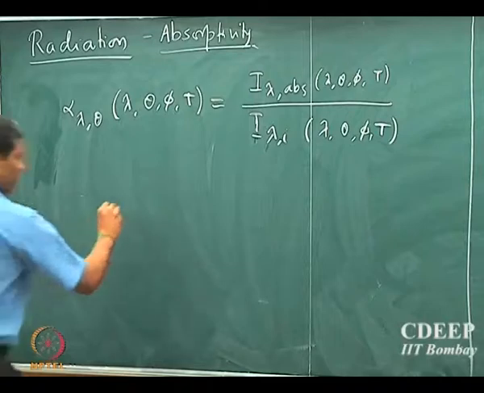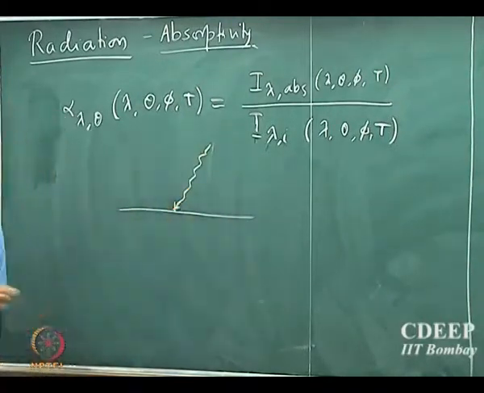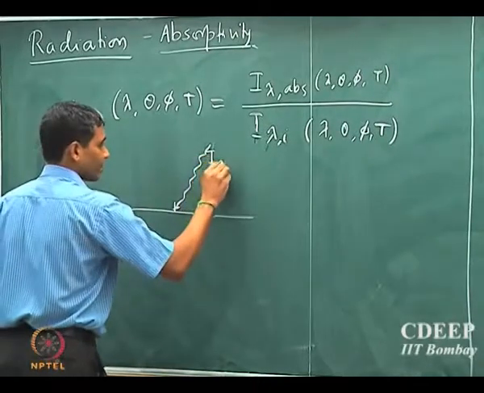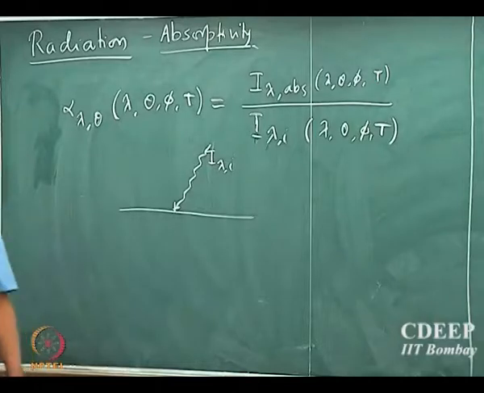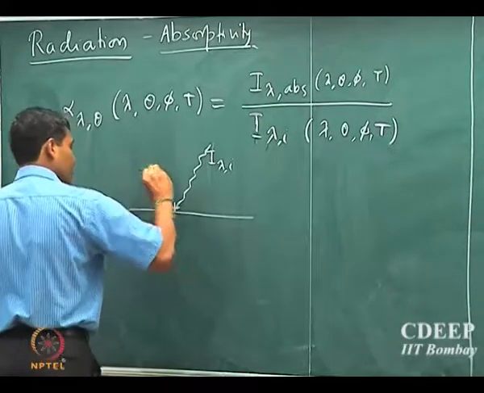Now supposing I draw a surface here, there is a certain amount of radiation that is received by the surface, that is an incident radiation. So there are three possible ways in which the radiation can be split. One is it could be reflected.